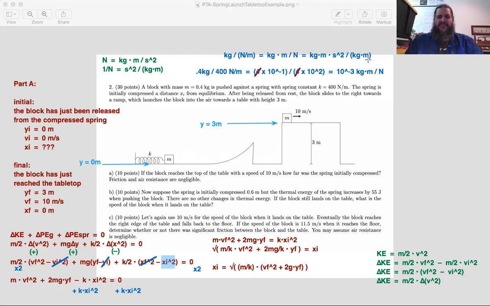Does anything simplify there? What's going to cancel out here? Or what are the remaining units? Does anything cancel out?